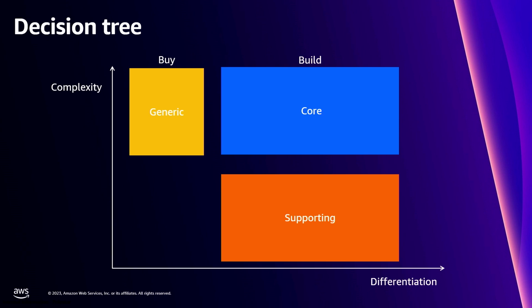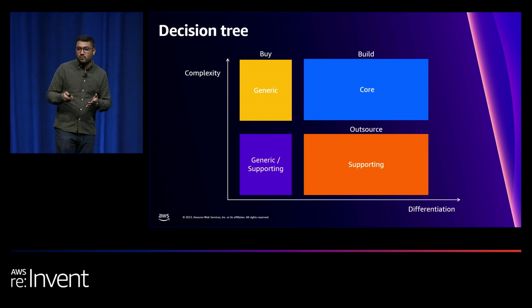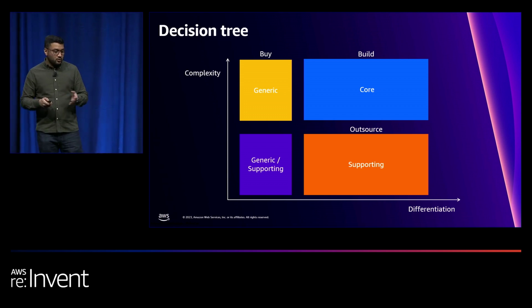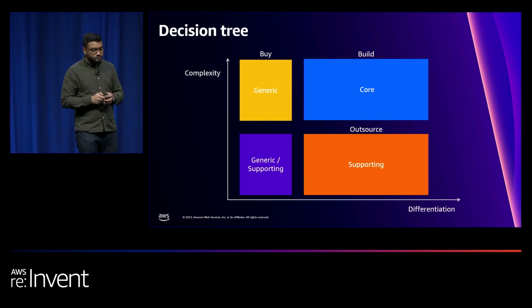For supporting subdomain, you should basically outsource it because there are companies which have already solved these problems. And then there is some weird software that is always going to fit between generic and supporting, kind of, let's say, definition. For this, you make a tactical decision whether you could use open source or you could decide to either outsource or buy.